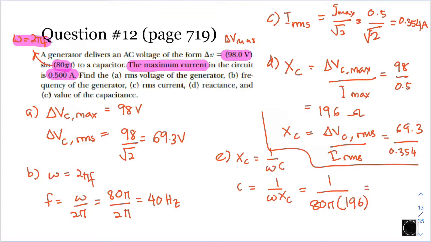Then you will finally get 2.03 times 10 to the power of negative 5 farad, or simply 20.3 microfarad, the capacitance. Okay, so this is question number 12.